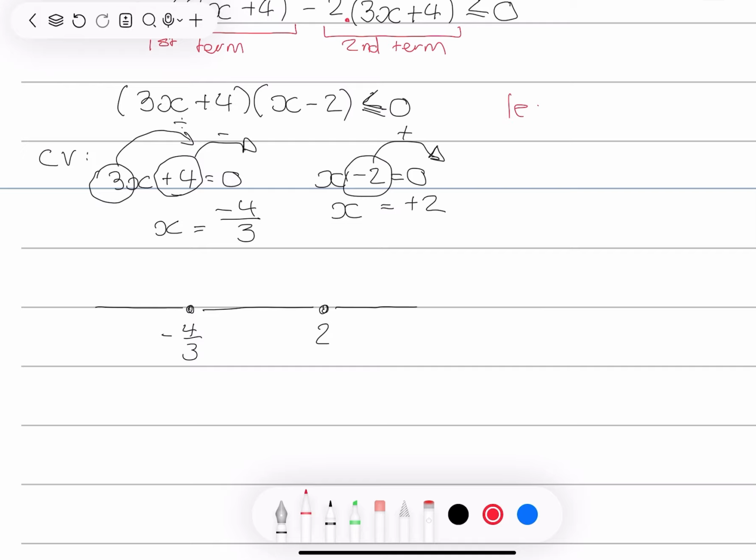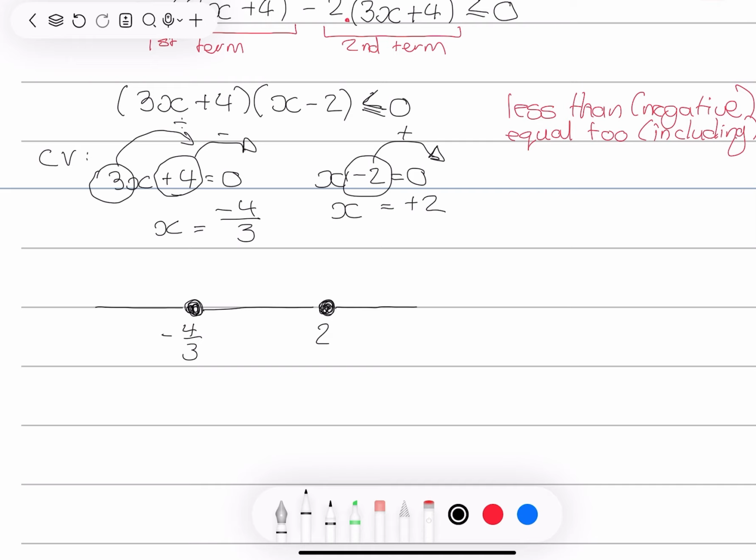It was less than, meaning negative, and equal to, meaning including. Okay, so that's why our circle is colored in, because this number is included.